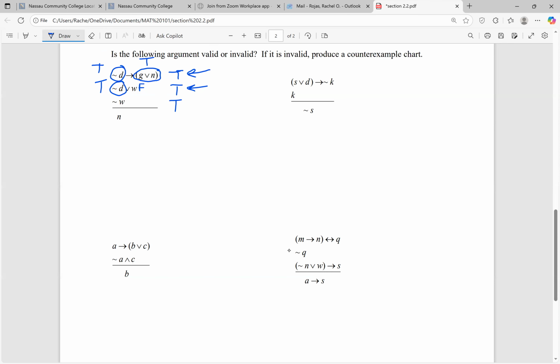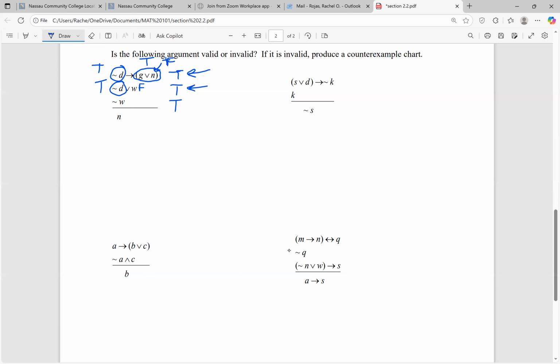Now, I don't know what G or N is, but let's think about this. In order for an or statement to be true, one side has to at least be true, right? So what if N was true? If N was true, then the conclusion would be true, right? And we'd have three true premises and then a true conclusion. But what if N was false?